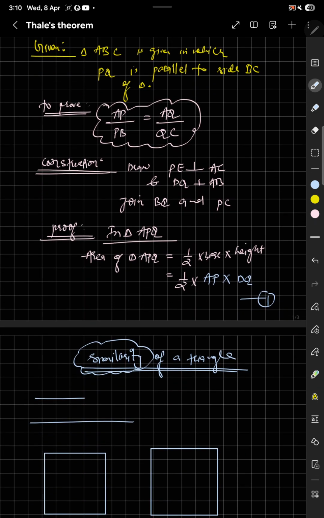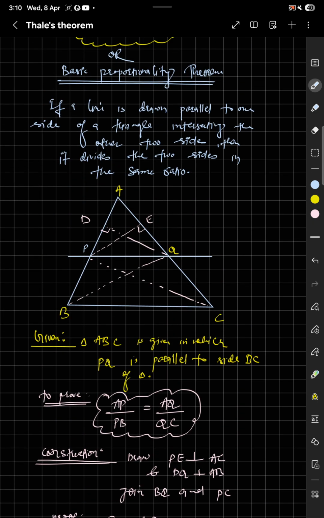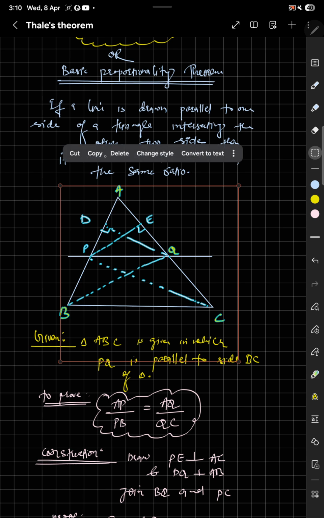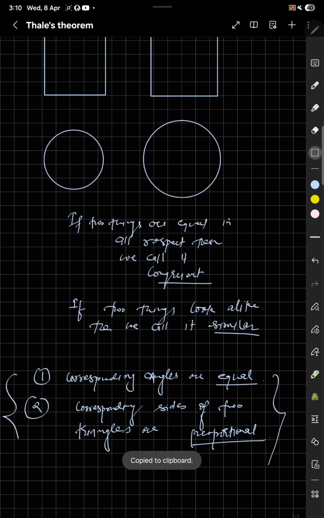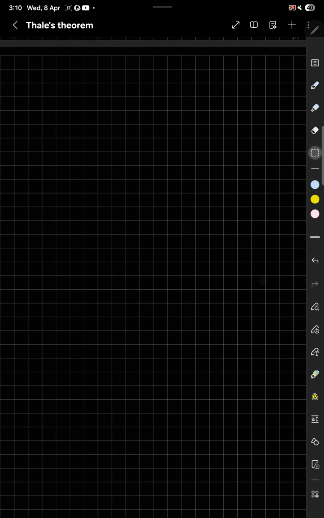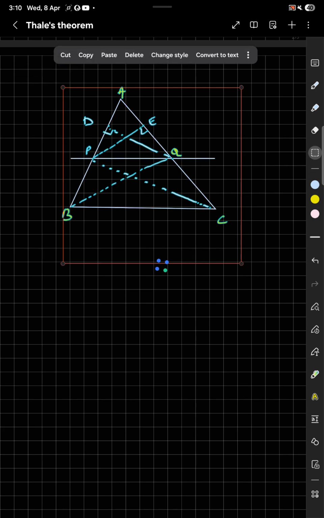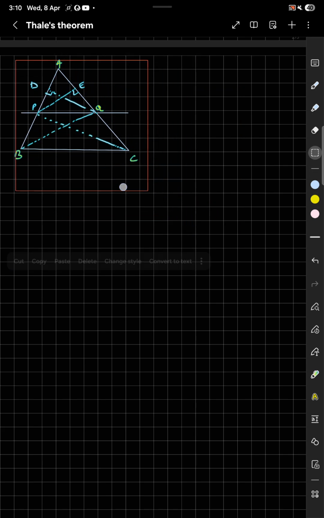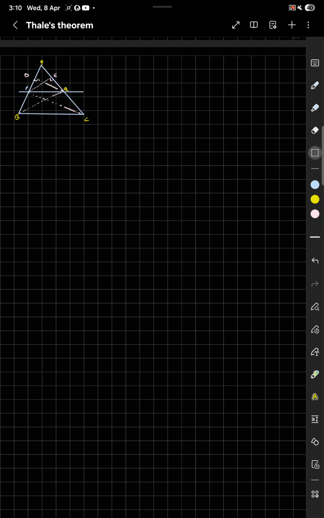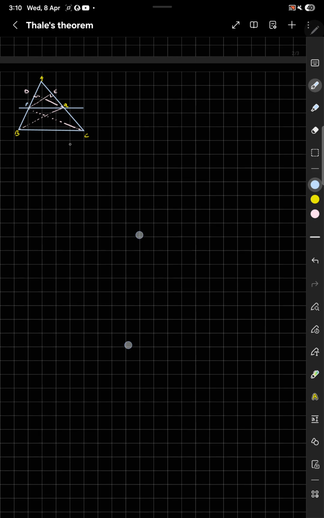Now we will move to, let's copy this figure so that it will be in front of us. We are going to prove this here. So here is the theorem. We found the area of this triangle.